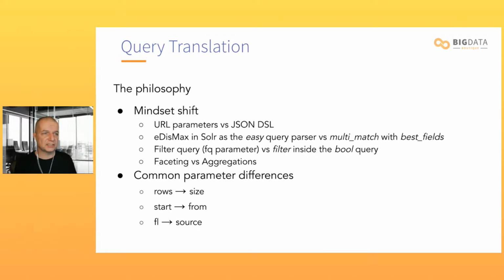And of course, faceting and aggregations, common differences when it comes to parameters, right? So we have rows, start, field list, fl. We have size, from and _source in OpenSearch. So that's again something to remember. And you wouldn't believe how much time is spent on translating those when it comes to working with the queries.